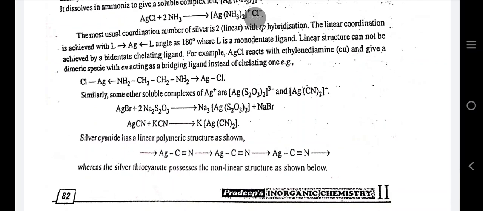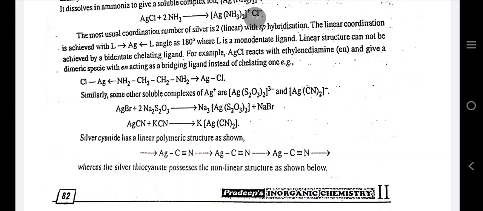The most usual coordination number of silver is 2, linear with sp hybridization. The linear coordination is achieved with an angle of 180 degrees, where L is a monodentate ligand. A linear structure cannot be achieved by a bidentate chelating ligand.